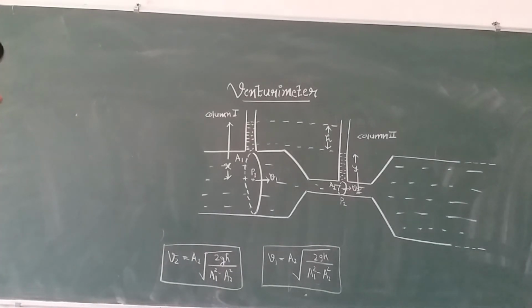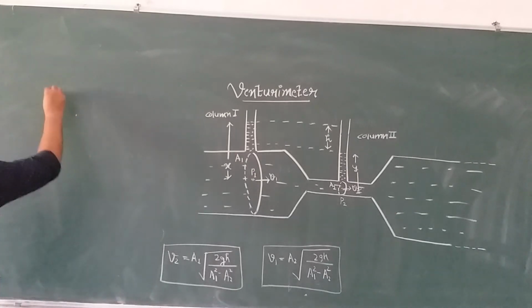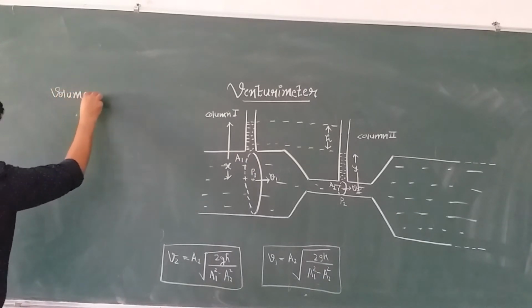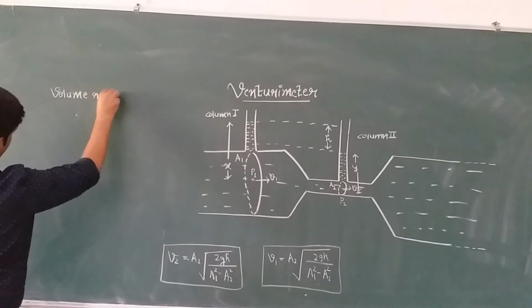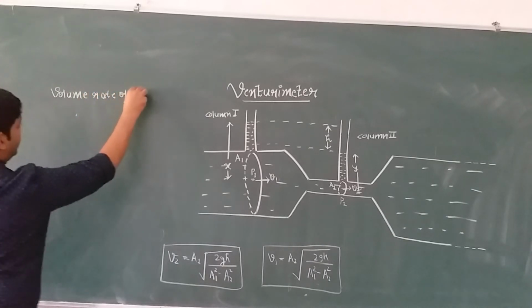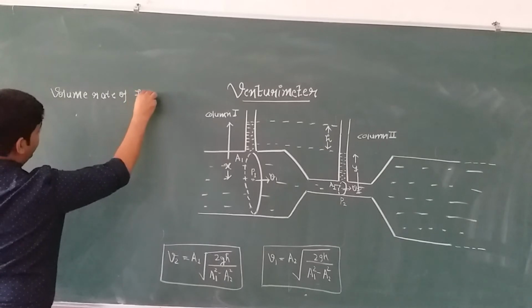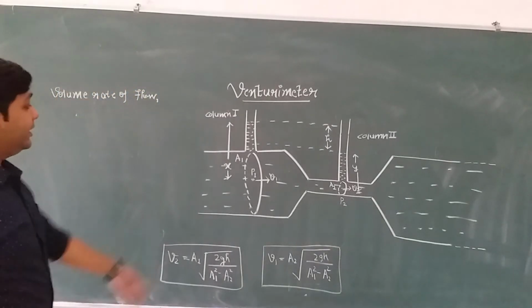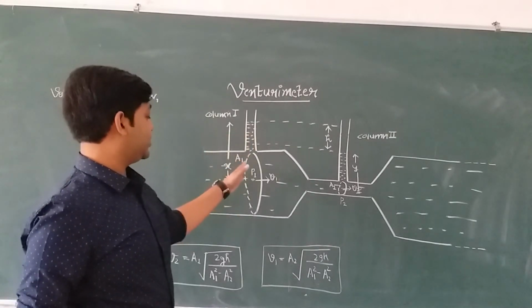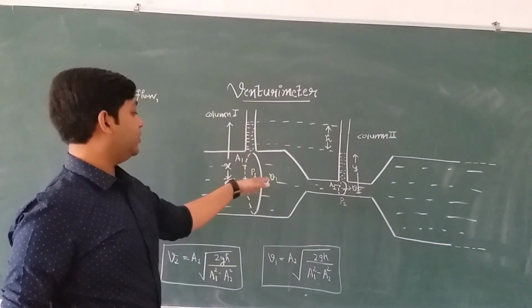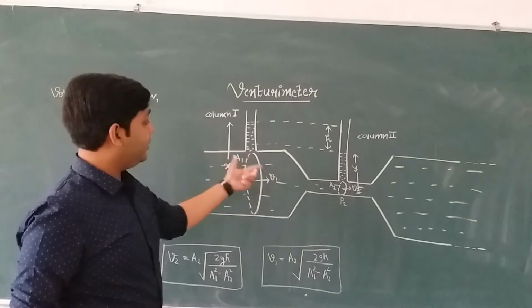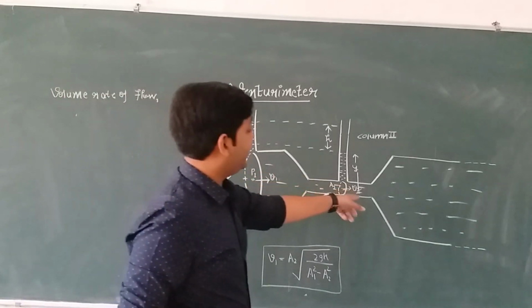Now if you are asked the volume rate of flow, then how do you calculate it? It can be calculated by simply taking any cross-sectional area and multiplying the velocity of fluid through that cross-sectional area. So either you take A1 into V1 or you take A2 into V2.